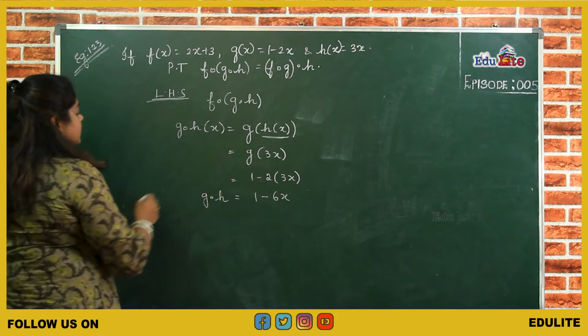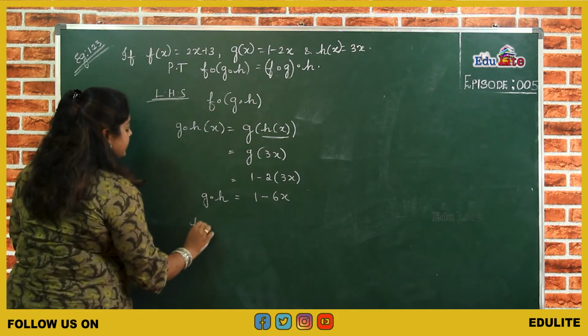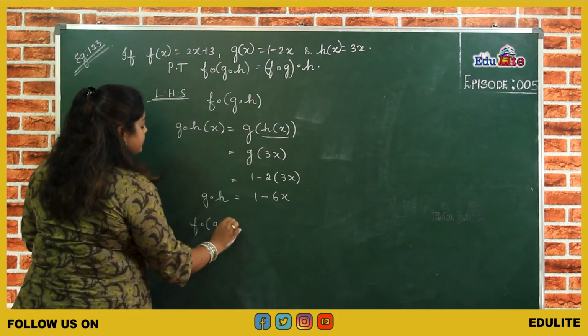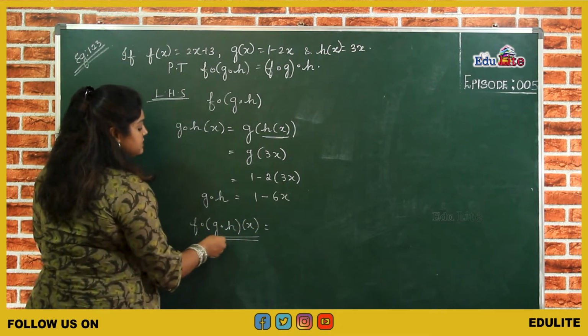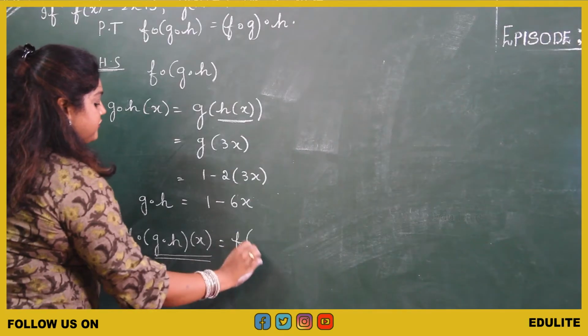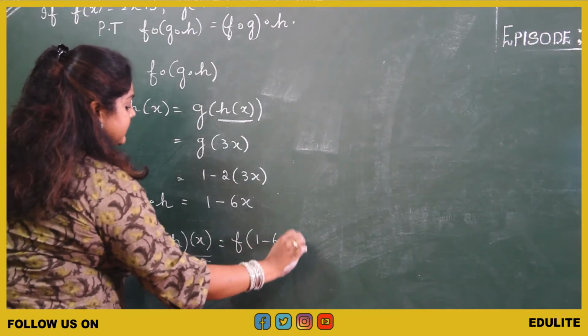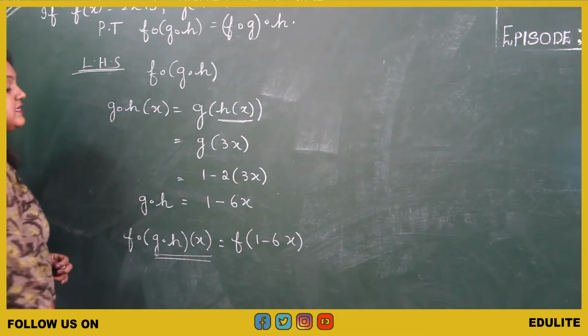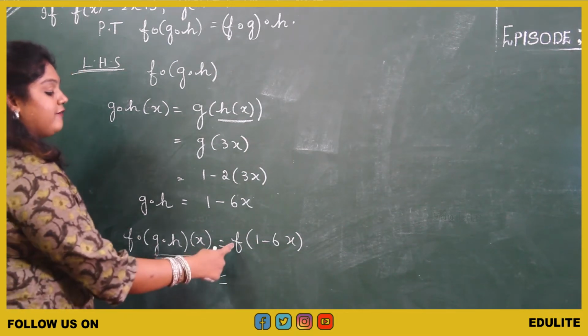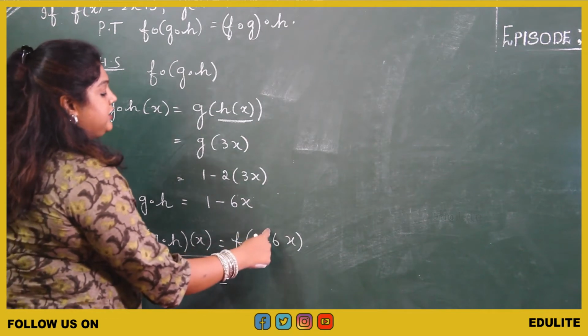Next we will move on to the third function, that is f composite of g composite of x. Now we have this value, that is f of 1 minus 6x, right? We have to use the f of x value now.